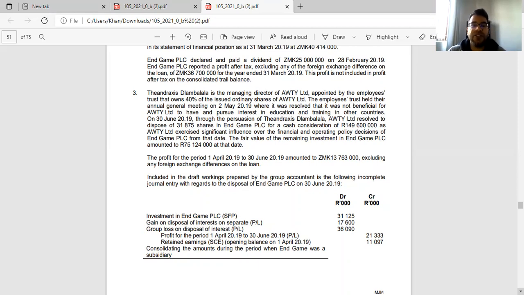Well, there are different options. The typical option would be when you dispose of it. When you dispose of the revalued land, the revaluation surplus on that land is transferred from revaluation surplus to retained earnings. Okay, so you must just be aware of that.